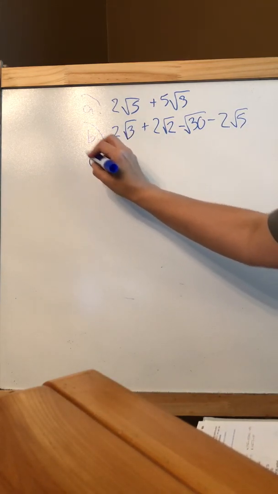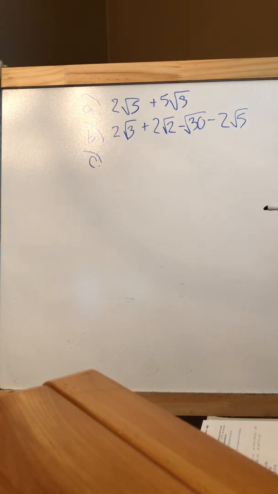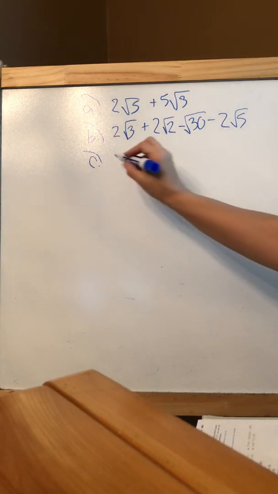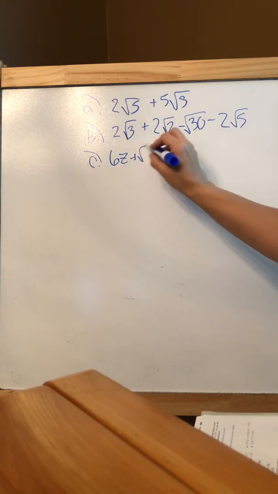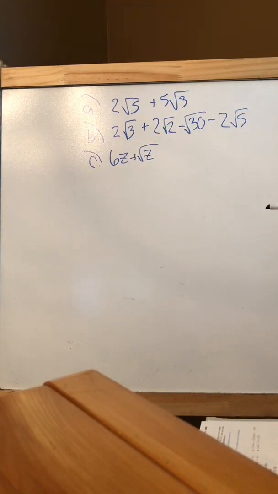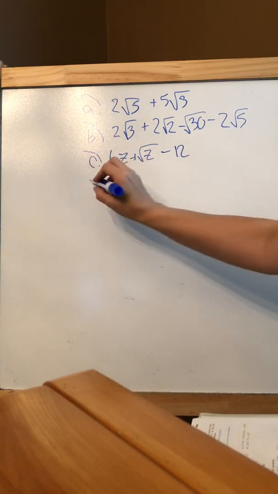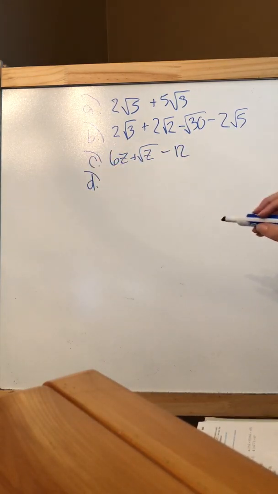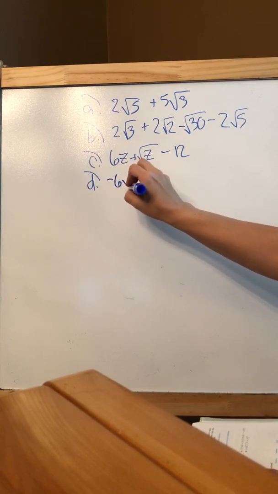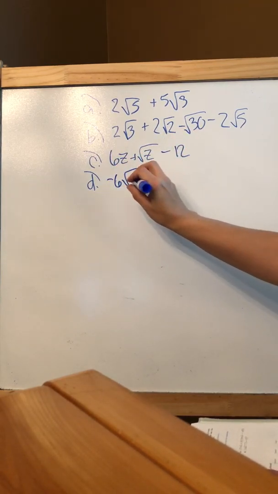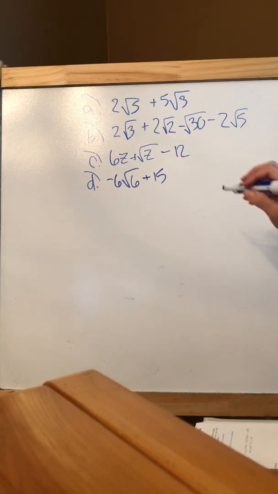C, you should get 6z plus the square root of z minus 12. D is going to be negative 6 times the square root of 6 plus 15.